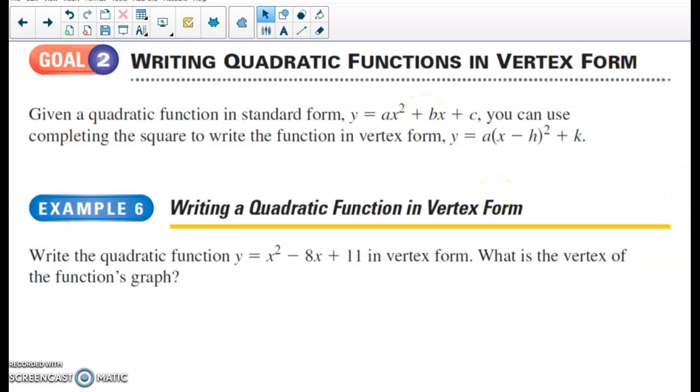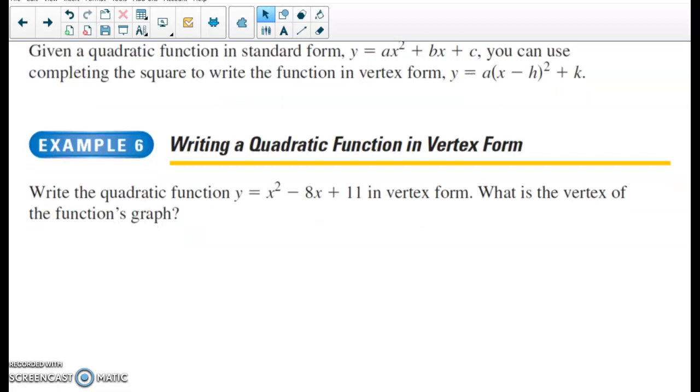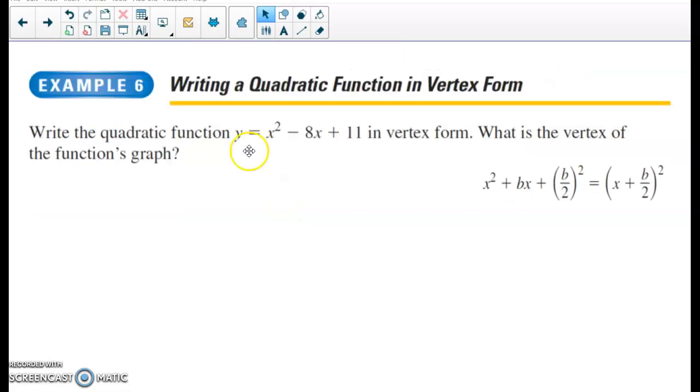So we're going to write the quadratic function y is equal to x squared minus 8x plus 11 in vertex form. Okay, so the first thing we want to do is convert this into a nice, perfect trinomial.